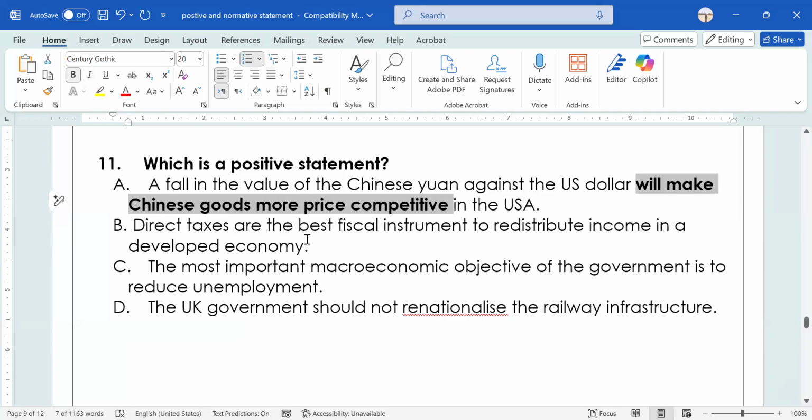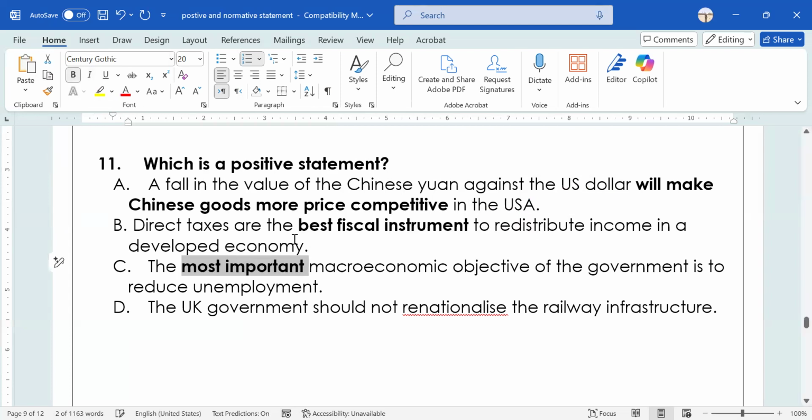Direct taxes are the best fiscal instrument. You have the keyword most important, and you have should not. Very quick one: letter D is not a positive statement because you have the words should not.